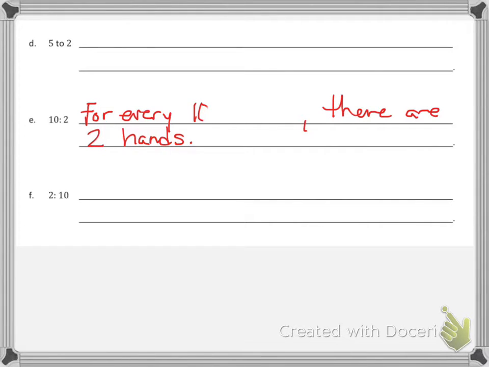Gosh, my iPad's going crazy here. Phalanges. Okay, if you're not sure what a phalange is, ask Mrs. Brown. For every 10 phalanges, there are 2 hands. That's a good one.